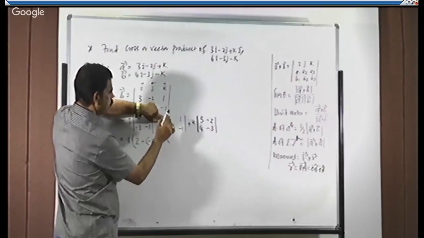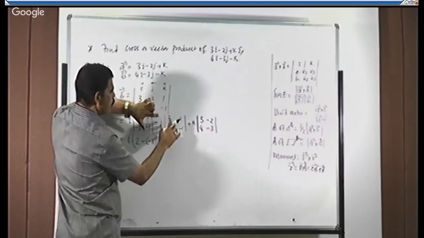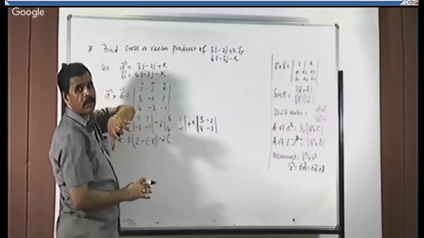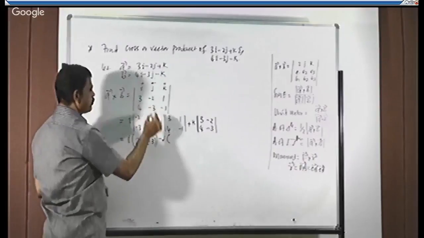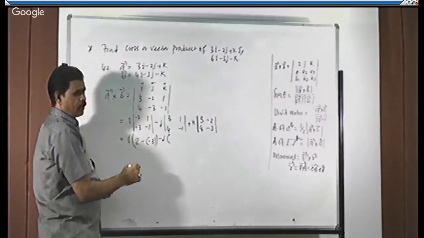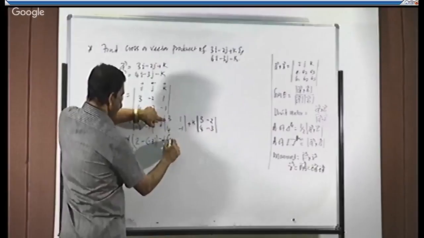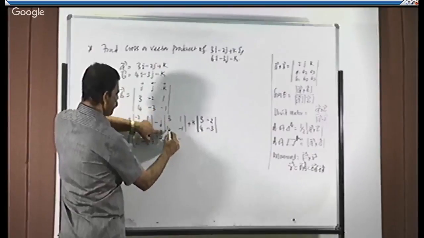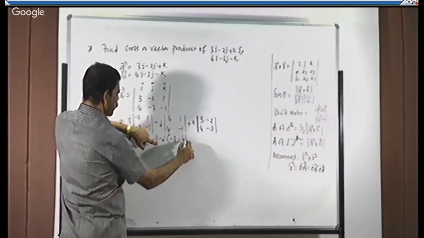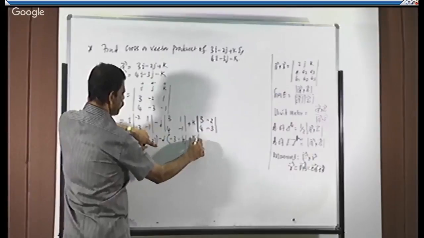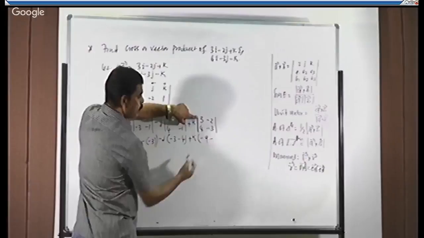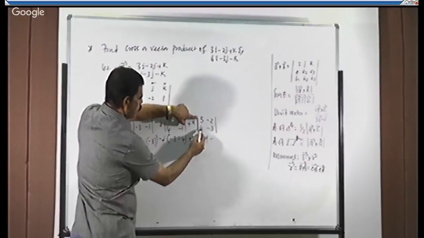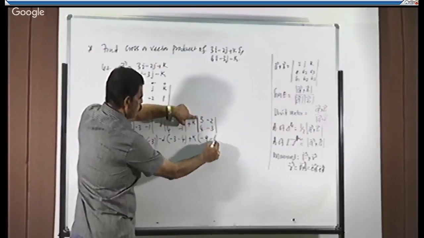It is important, in every problem we have this A cross B, so we should know the expansion of a determinant. 3 into minus 1, minus 3, minus 4 into 1 is 4. Plus k into 3 into minus 3, it is minus 9. Minus the multiplication of these two, 4 into minus 2, it is minus 8.